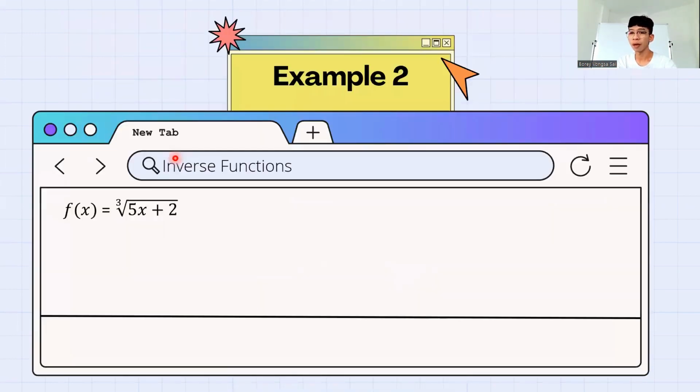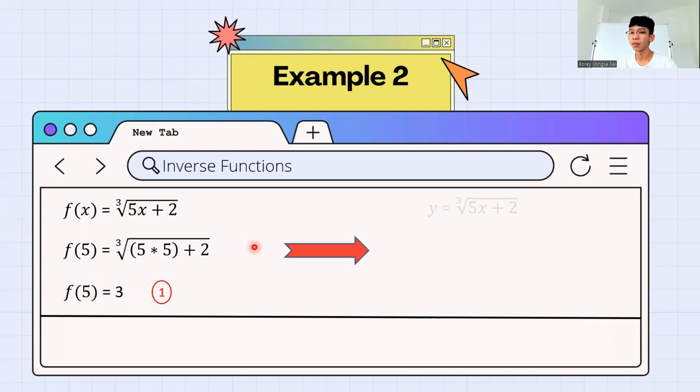Here we have a function f(h) equal to the cube root of 5h plus 2. Give the value of h equal to 5, and then the equation becomes like this. We solve the equation for f(5), and we get the value of 3. Here's another one. We change from f(h) into y, and we keep the same equation here.